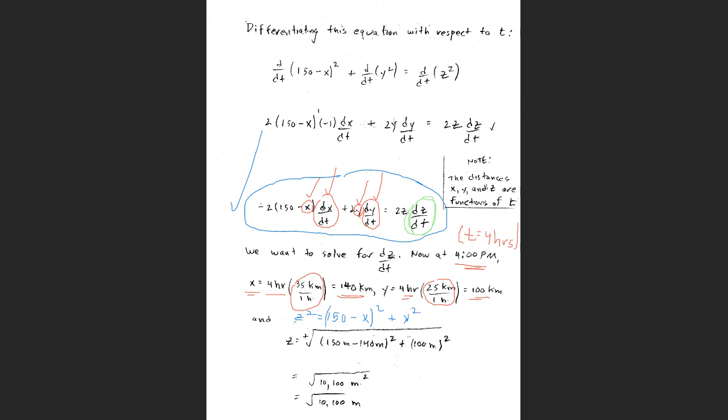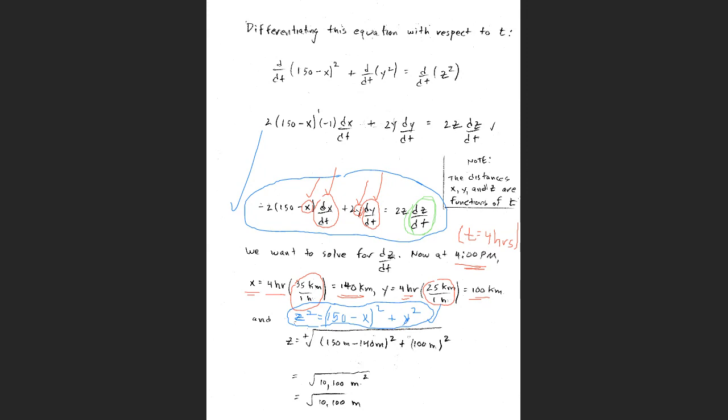To solve for z, we're just going to take the square root of both sides. This came from the Pythagorean theorem.